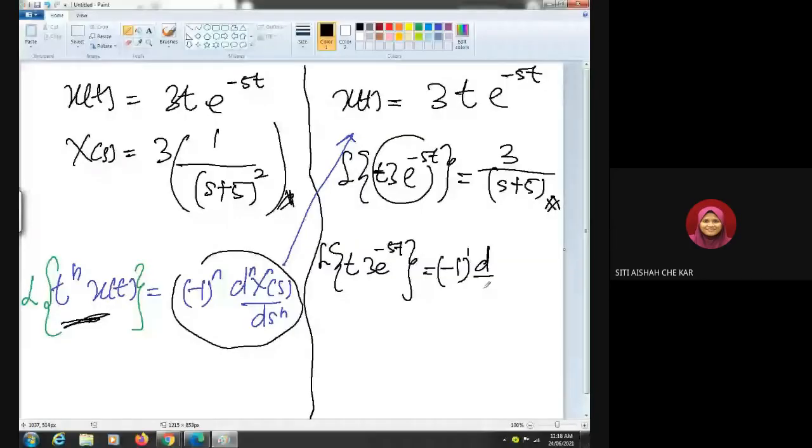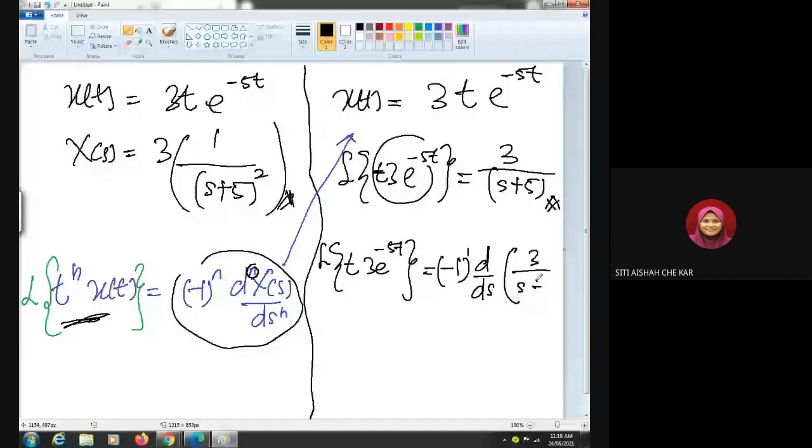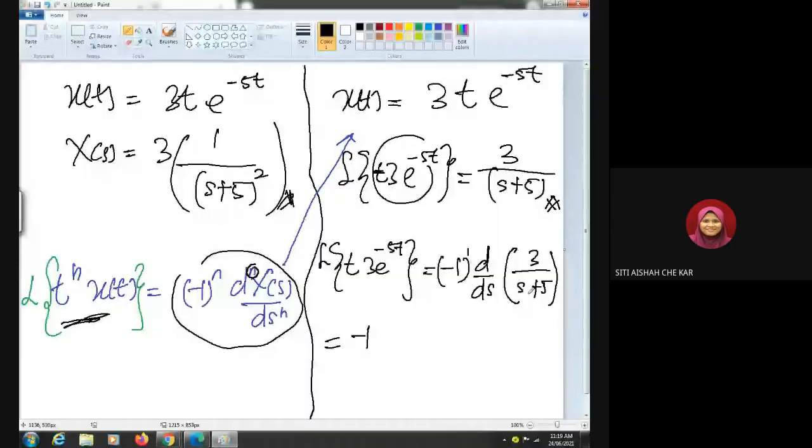So kita kena differentiate ini. Banyak kerja sikit lah. So negatif 1 power of 1, negatif 1 lah. Okay, differentiate ini. So kena differentiate u dv, v du lah. Kan masih ingat? Ataupun kita boleh differentiate, kita terus naikkan. Kita naikkan ke atas.